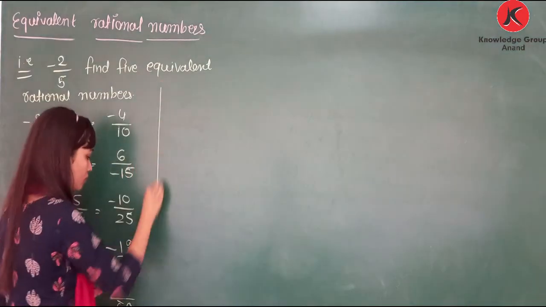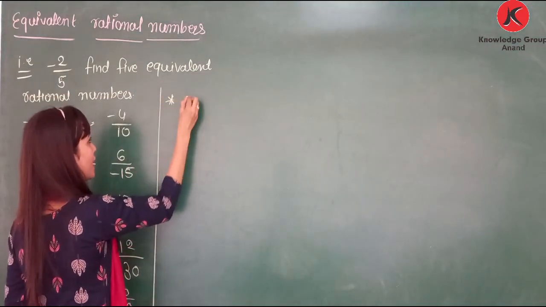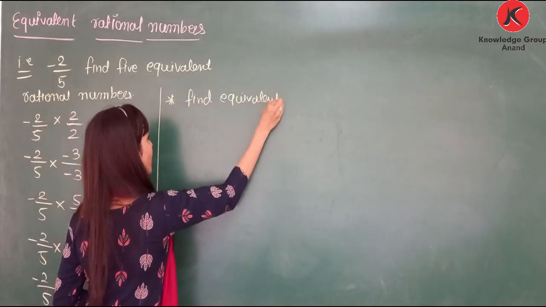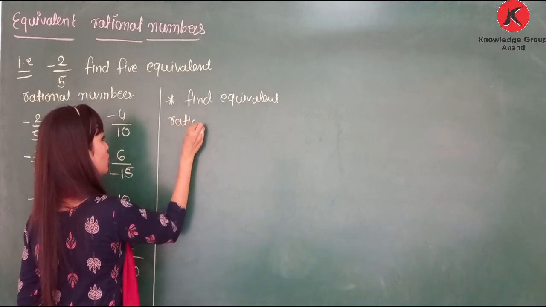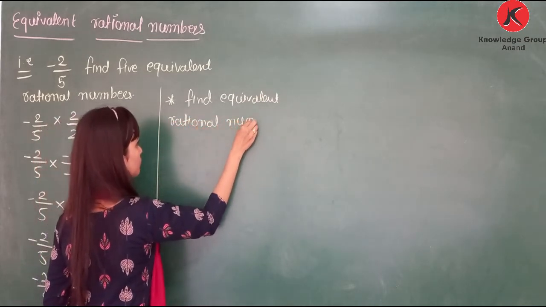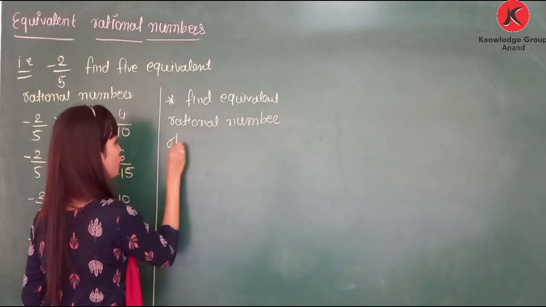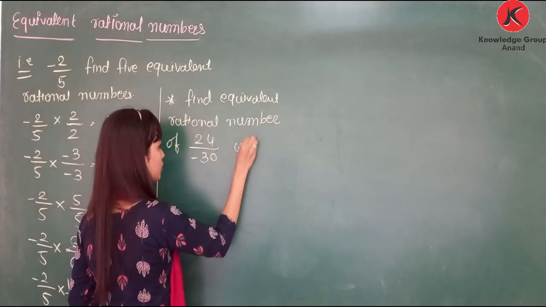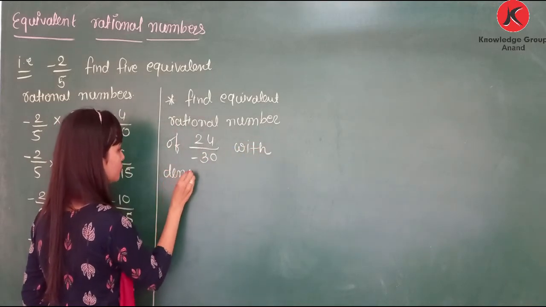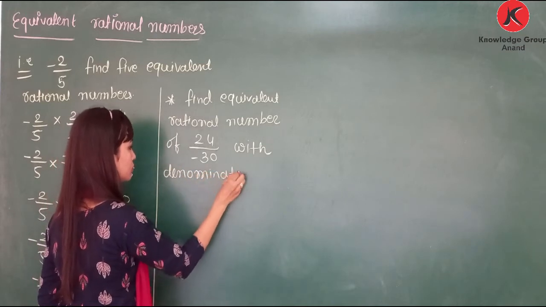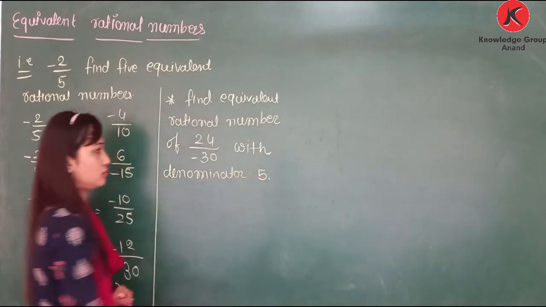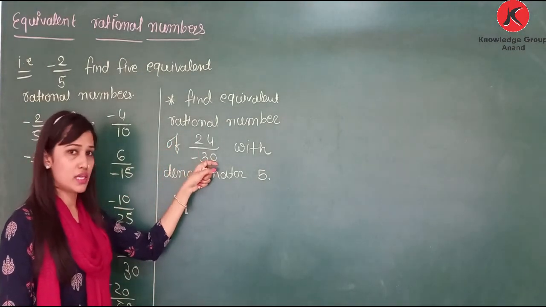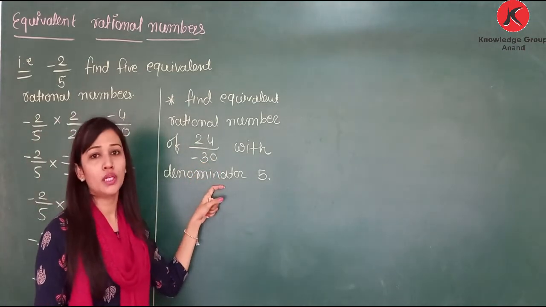If we have an example like, find the equivalent rational number of 24 by minus 30 with denominator 5. Here we need to find the equivalent rational number of 24 by minus 30 by making the denominator 5.